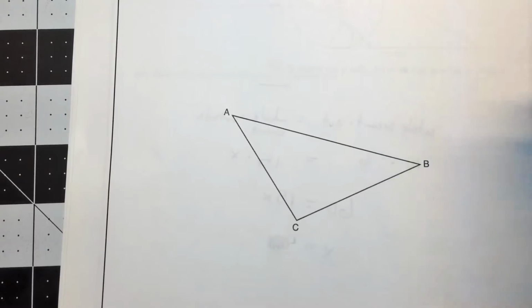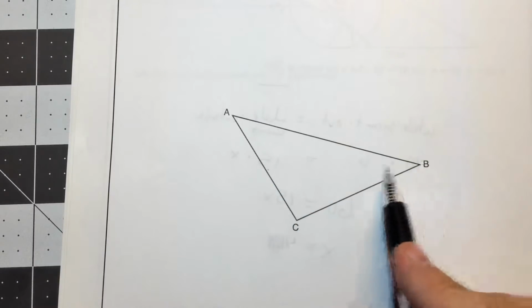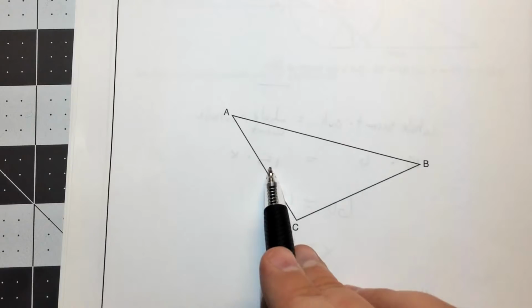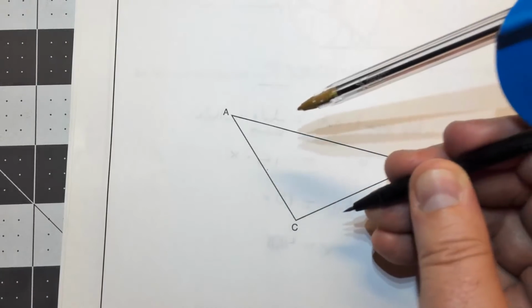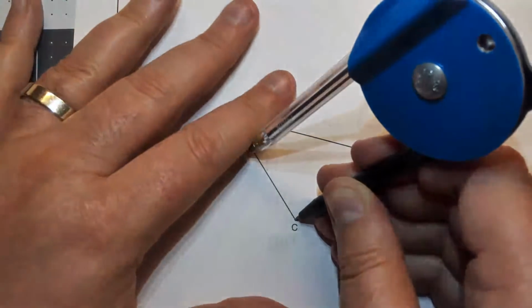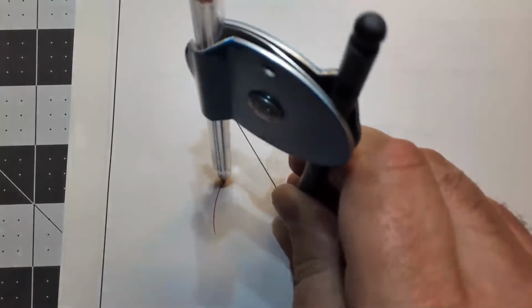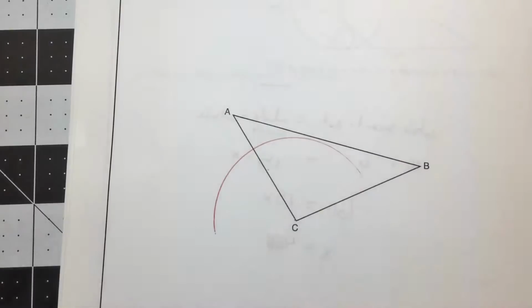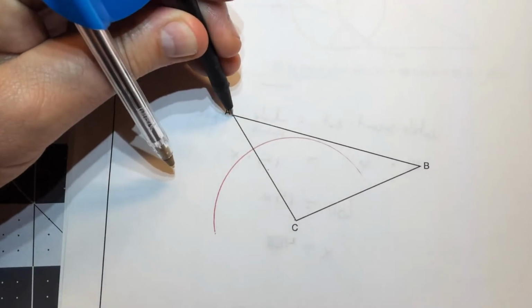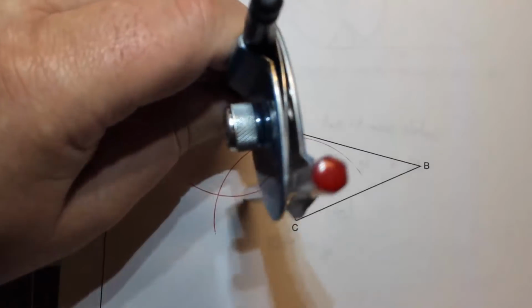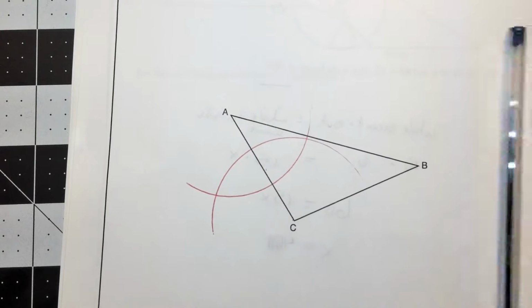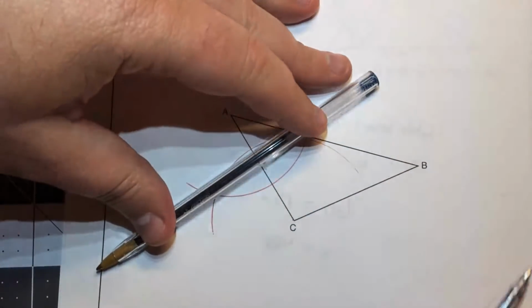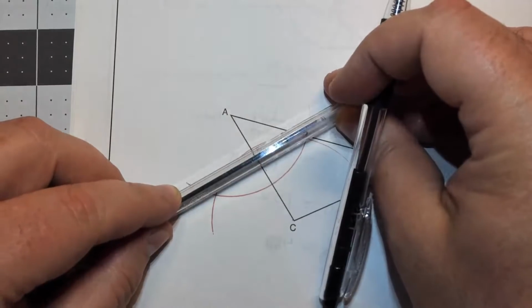Now, what we have to do is once we find the perpendicular bisector, we have to connect B to make the median. Okay, the median is what's finding the middle. So because it's to side AC, we're going to do the perpendicular bisector of AC. Take my compass, open up more than halfway, just anywhere more than halfway, and then we're going to make a circle around C. Really just want an arc above and below. A circle around A. Arc above and below. All right, and then we're just going to connect to draw in to find the midpoint.